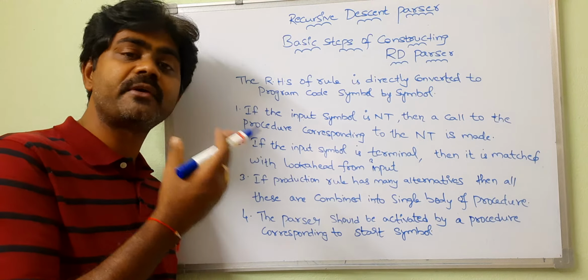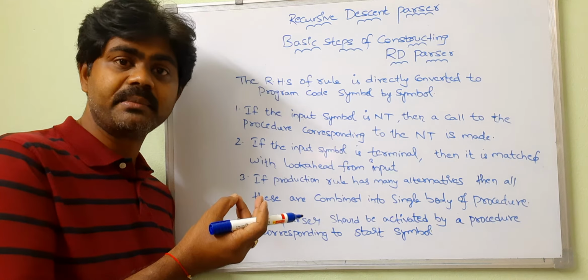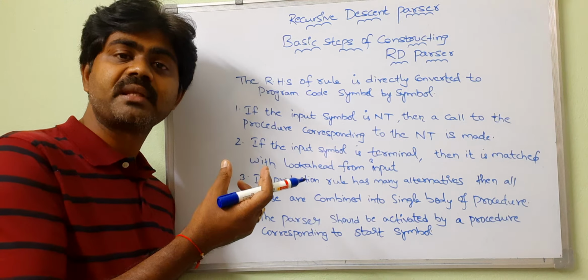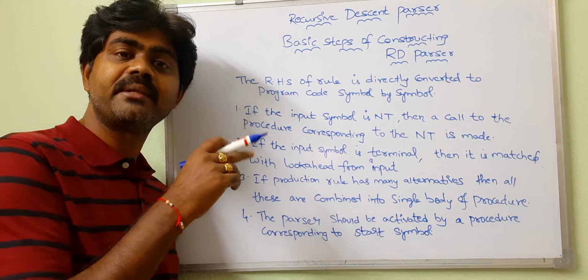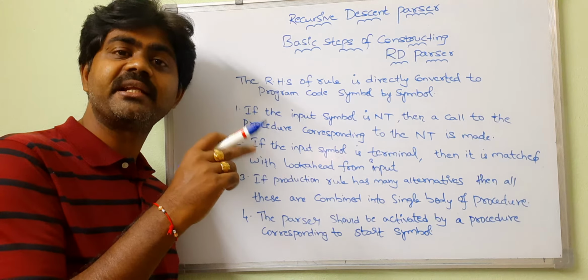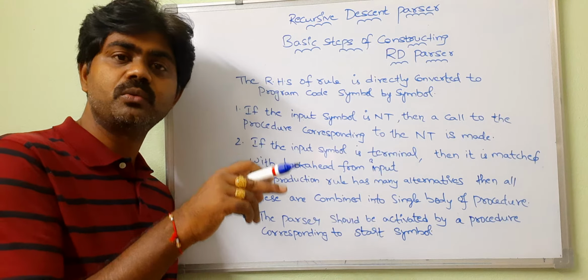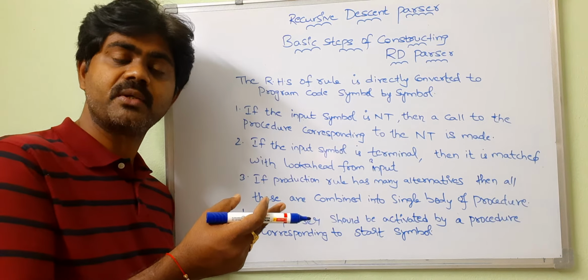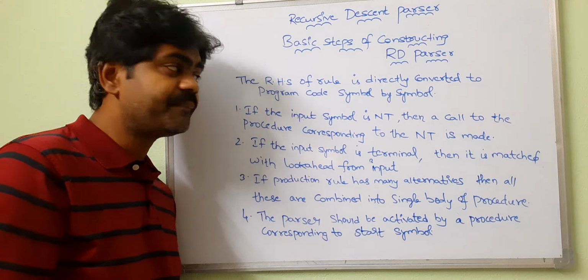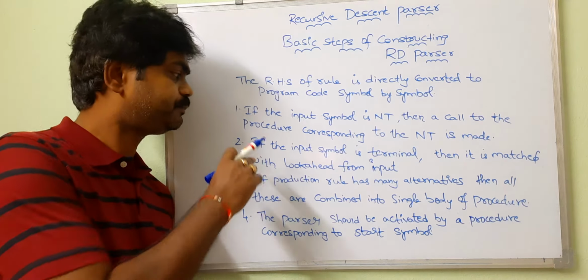For example, if our input symbol is capital E, a non-terminal, we need to call the procedure E. If our non-terminal is capital F, we call procedure F. If it is capital U, we call procedure U.